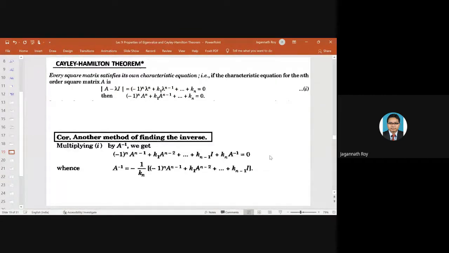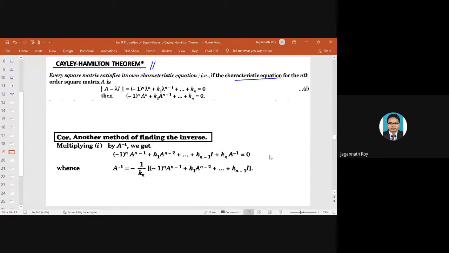The thing is, we have to discuss the Cayley-Hamilton theorem. That's a very important application of eigenvalues and the characteristic equation. This theorem says that if a square matrix is given, then that matrix will satisfy its characteristic equation.